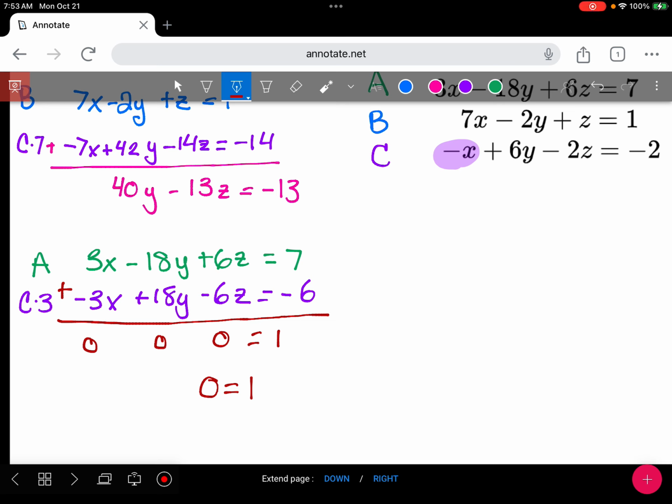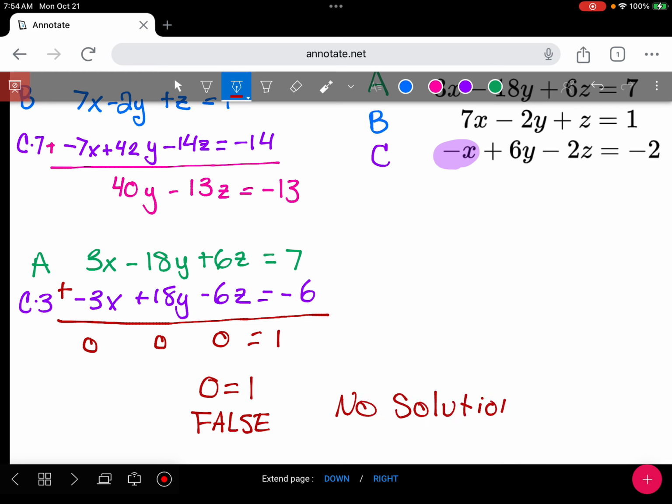This has no solution, because all my variables canceled out, and I wound up with a statement that is false. So if I wind up with no letters, all my letters canceled out, and I wind up with something that's false like this, it means there's no solution. This is false. So there is no solution.